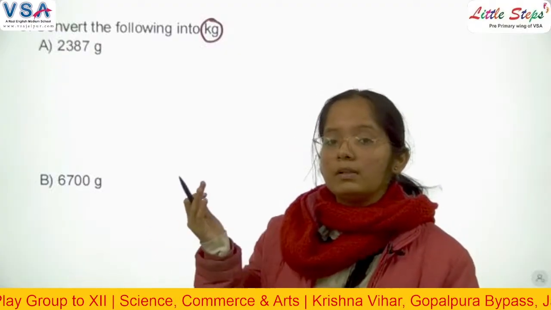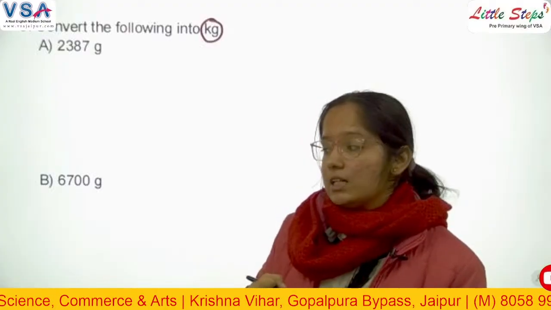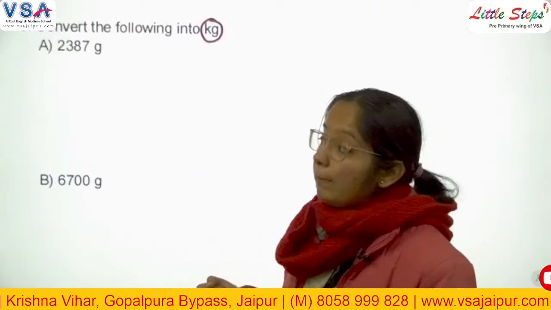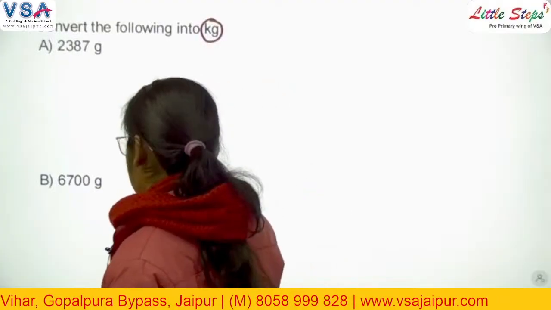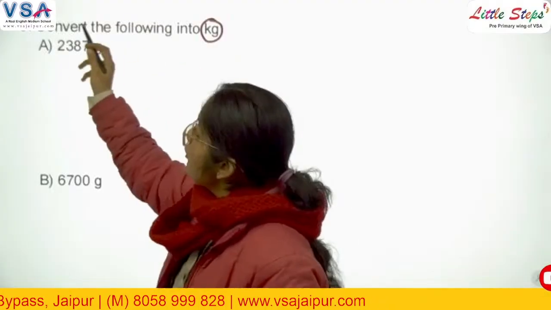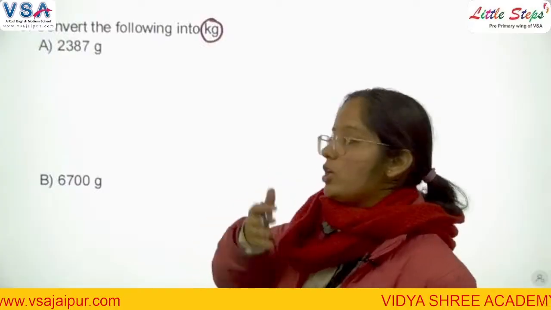Whether it is kiloliter, kilometer, or kilogram, it is the highest unit, whether it is distance, capacity, or weight. So if it is the highest unit, we have to convert the following grams to kg, which means we have to go from smaller units to the bigger units. Till now we were coming from bigger units to the smaller units, right?